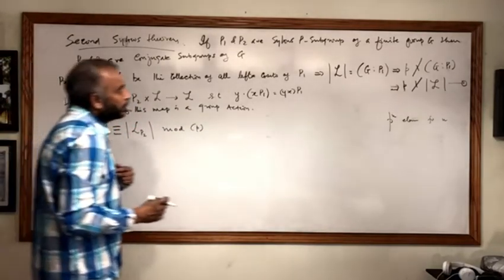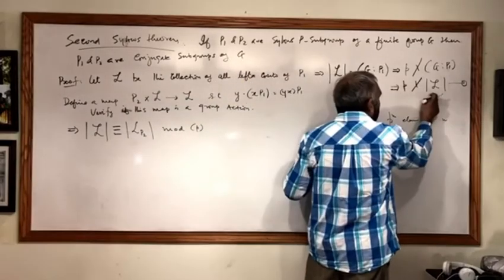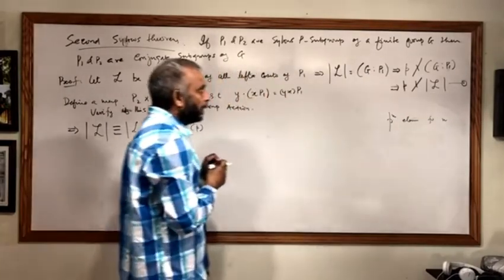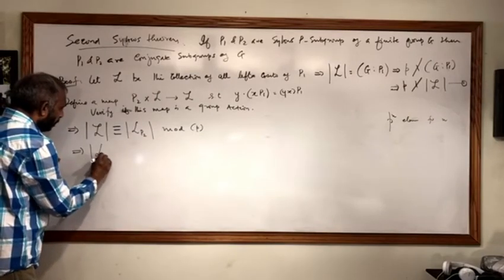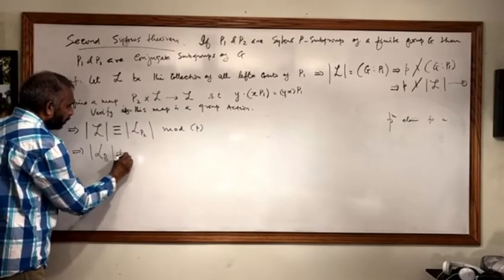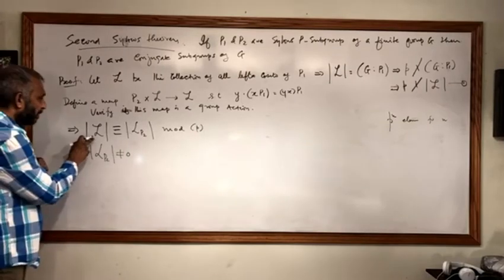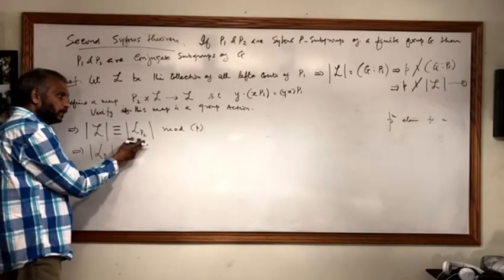And since p does not divide the size of L, this implies the size of L_P2 is not equal to 0. If p divided it, then this would be 0.